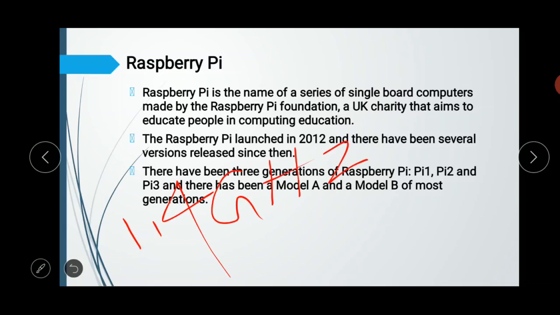All over the world, people use Raspberry Pi to learn programming skills, build hardware projects, do home automation, and even use them in industrial applications.